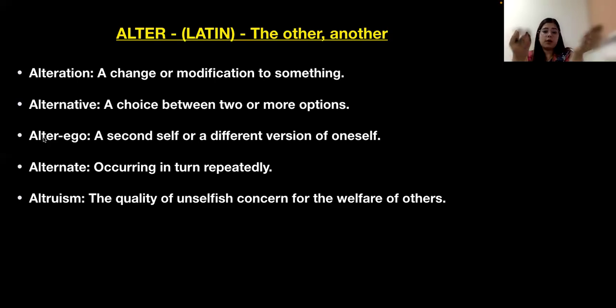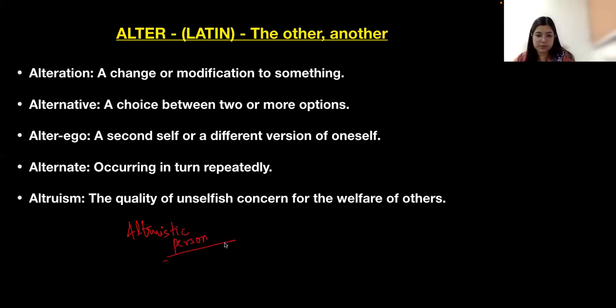Alternate as in ये वाला alternate, occurring in turn repeatedly, ठीक है? And altruism is a person or an altruistic person. Altruism is that quality. Altruistic person is a person who is a selfless person, who thinks about others. यहाँ पे others कैसे use हो रहा है?